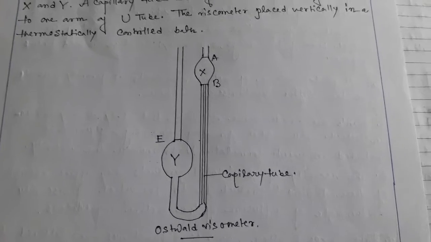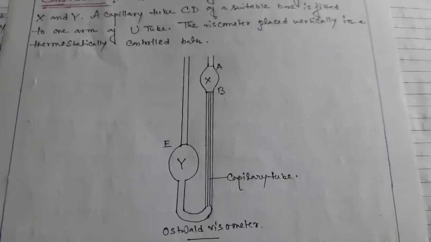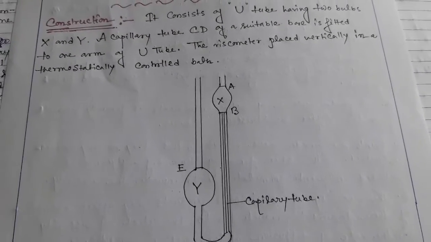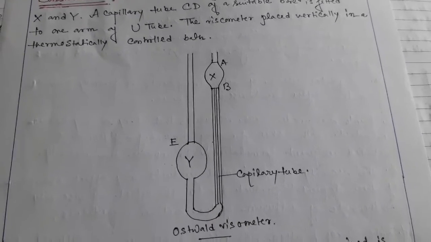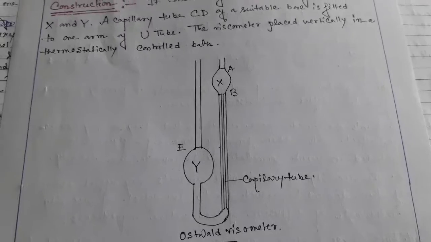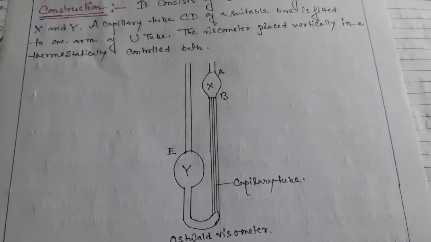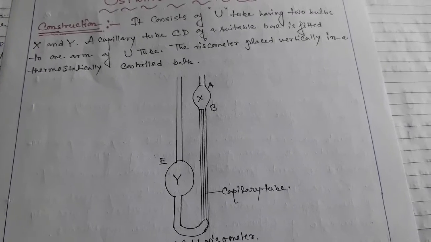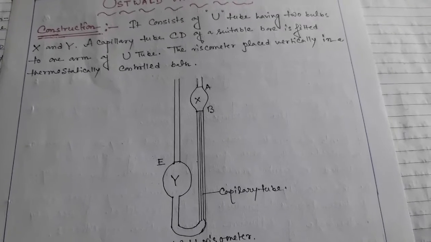Everyone can see this. This is a capillary tube, and in this Ostwald viscometer two bulbs are present, the X bulb and the Y bulb. The X bulb is marked from A to B, and the Y bulb is marked at point E, and the capillary tube is attached to the X bulb. It consists of a U-tube shape having two bulbs X and Y, and a capillary tube CD.